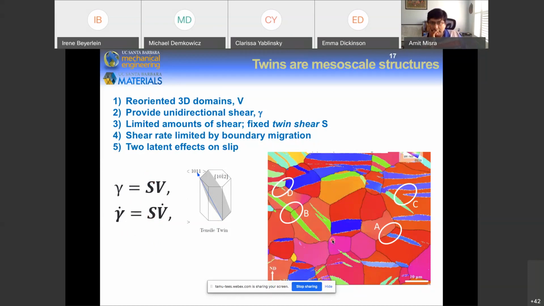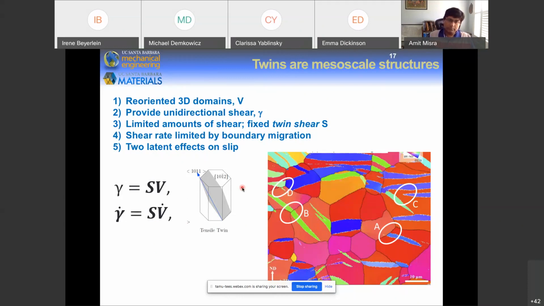And still, it would not accommodate 100% of the deformation of that grain. So twinning itself, with just one twin and one twin type, cannot accommodate the full amount of strain for a grain. So you would need to also have either other twin variants forming, or you would need to have slip. So other deformation mechanisms have to occur.